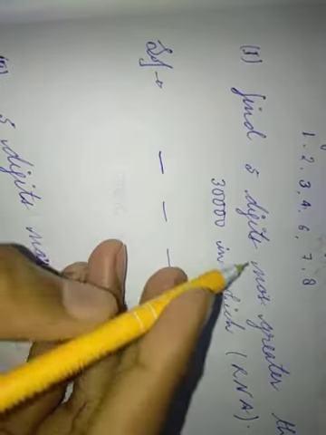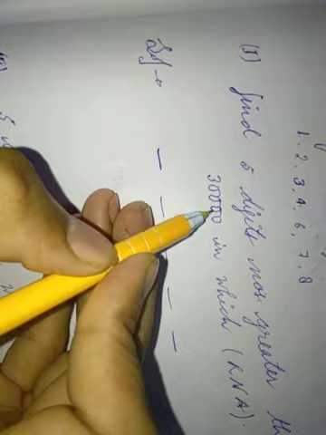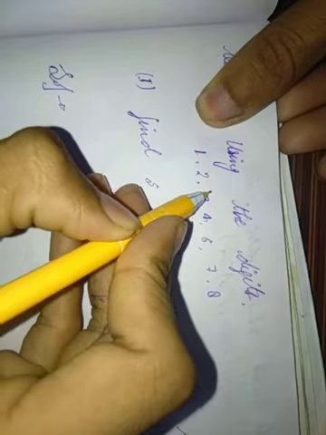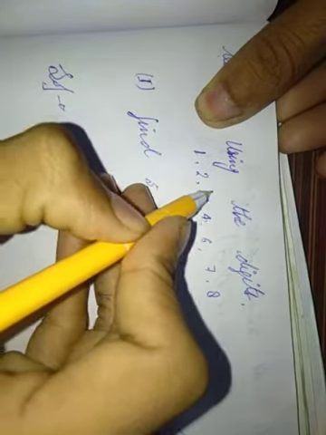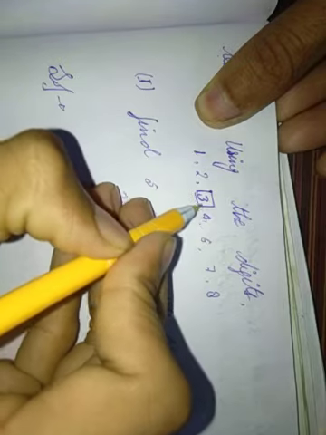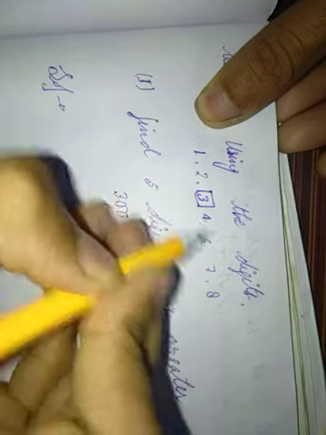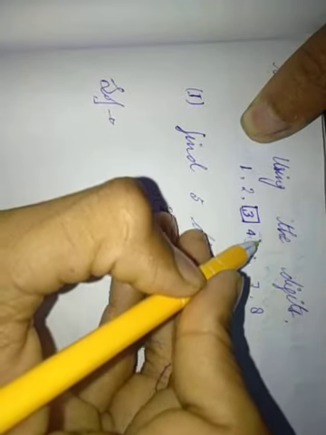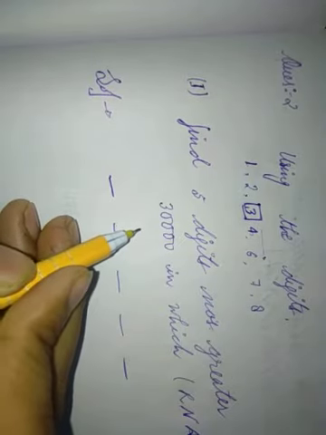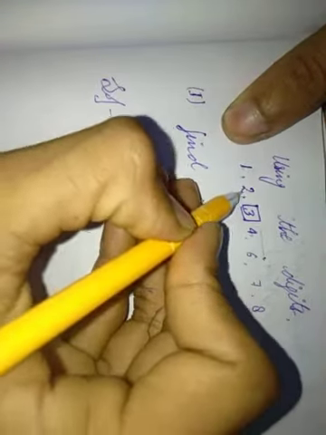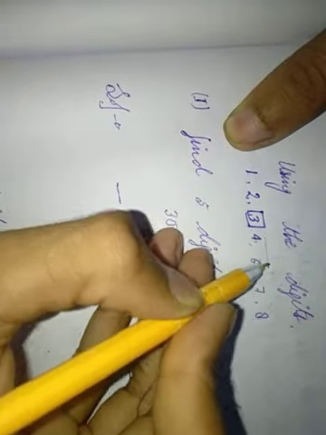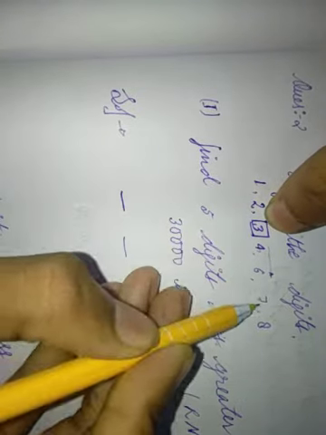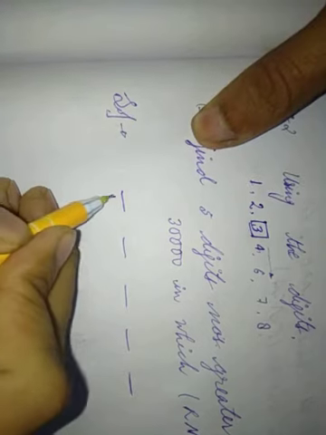In this case we have to find 5-digit numbers but greater than 30,000. If the number is greater than 30,000, 3 must be included. If we go above 3, the number will definitely be greater than 30,000, but if we go below 3 it will not follow the rule. Meaning if you are going in this area we have to go by the rule. So if we go this way it will be greater than 30,000.